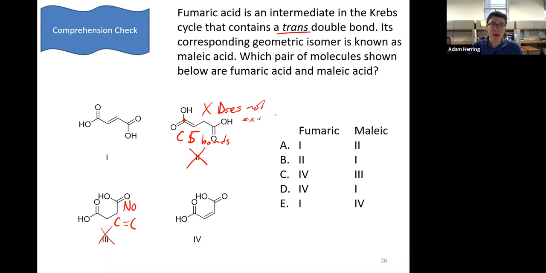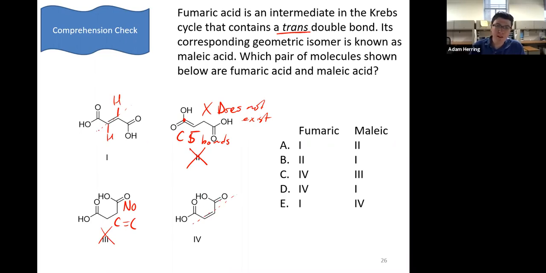Now we're looking at the relationship between these groups within the molecules fumaric and maleic acid. So if we draw a line across the double bond, we ask, are the two identical groups on the same side or on opposite sides of the double bond?